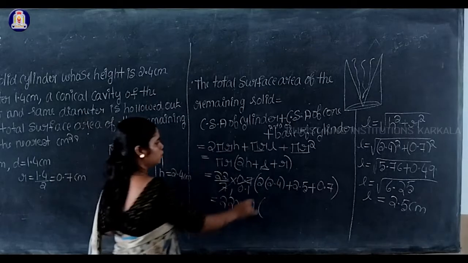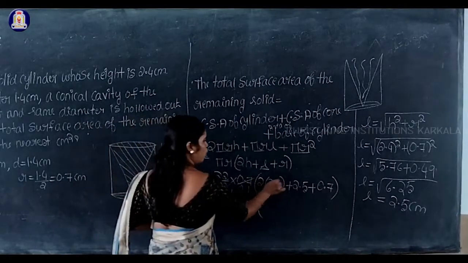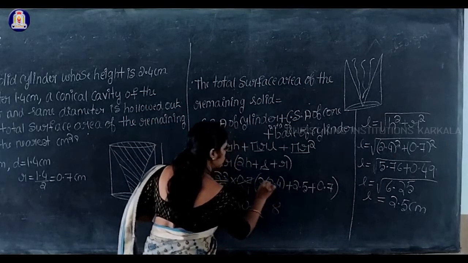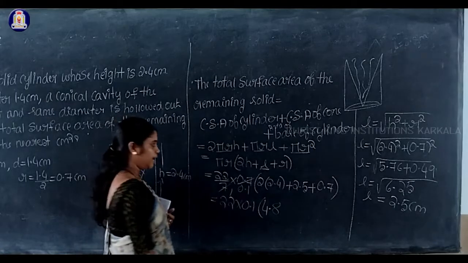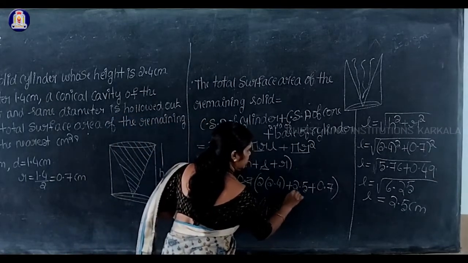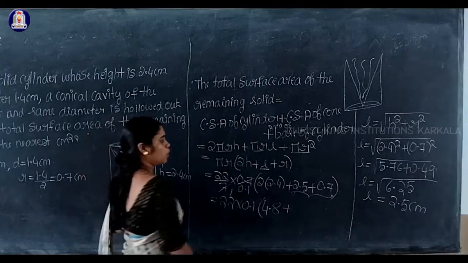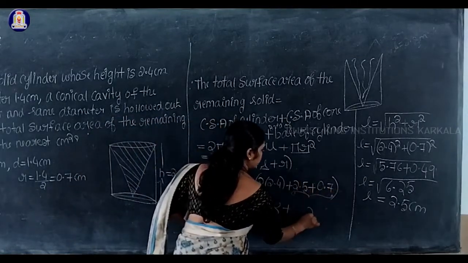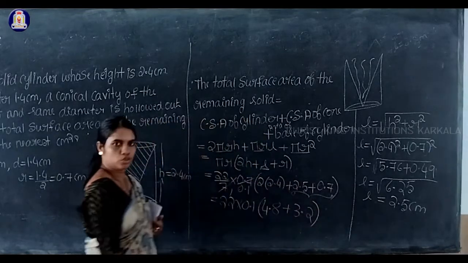Multiply 2 into 2.4 equal to how much? 4 2s are 8, 2 2s are 4. So I will get 4.8 plus add these two numbers 2.5 plus 0.7 equal to how much? 7 plus 5 is 12, 1 carrying, so I will get 3.2, right?